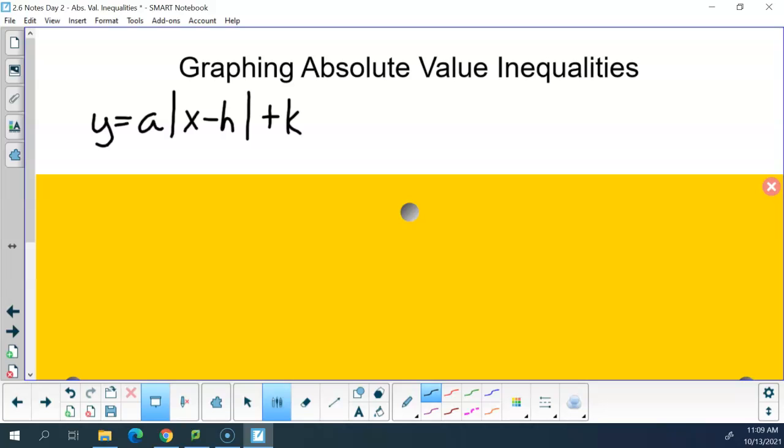It looks like a V. So the graph is either going to be a V or a mountaintop. Okay. Where's the vertex in that? So h comma k.